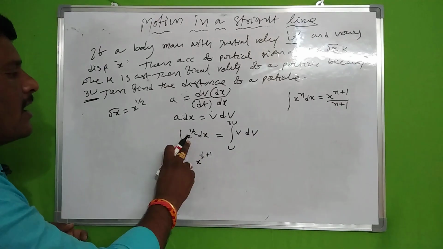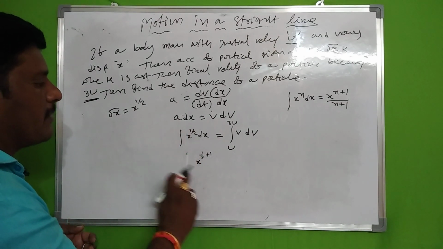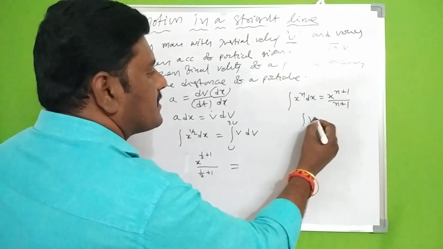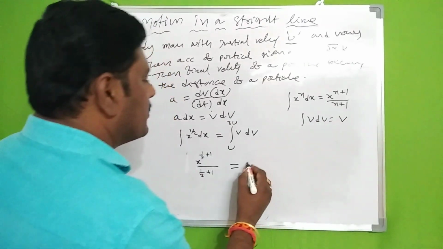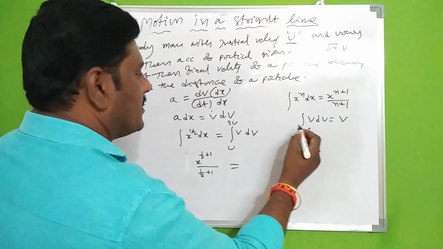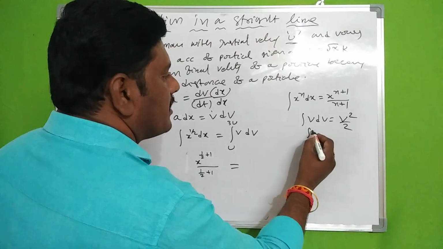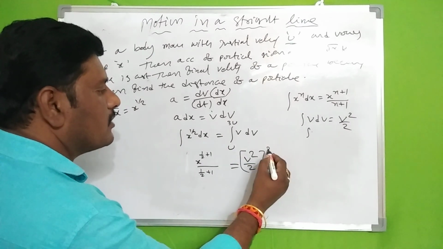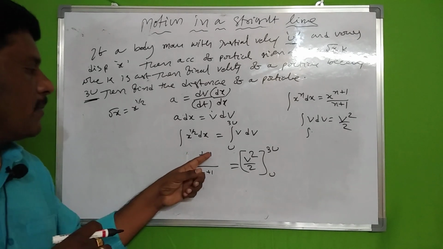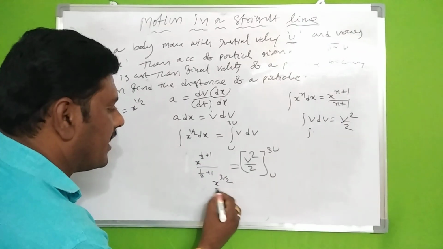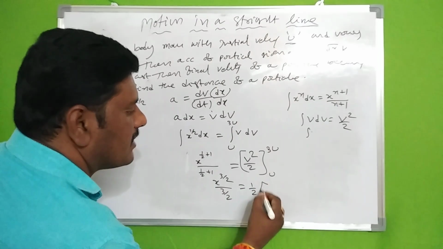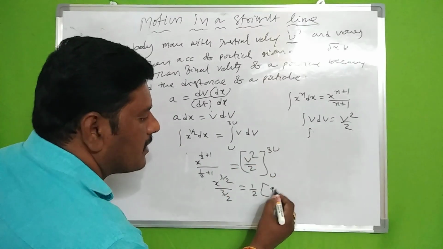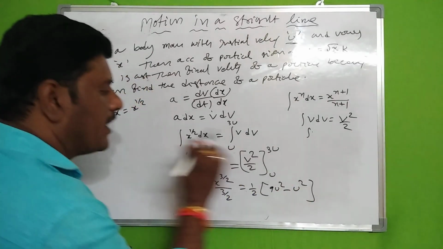We can apply the formula with n equal to 1 by 2, giving x power 1 by 2 plus 1 over 1 by 2 plus 1, equal to the integration of v dv, which is v square by 2, with upper and lower limits applied. 1 by 2 plus 1 is 3 by 2, so x power 3 by 2 by 3 by 2 equals 1 by 2 written outside, with upper limit 3u squared, which is 9u square, minus the lower limit u square.